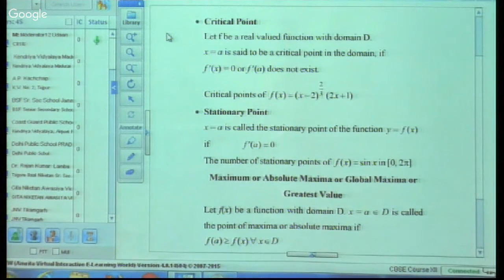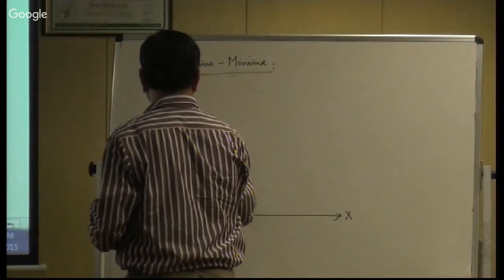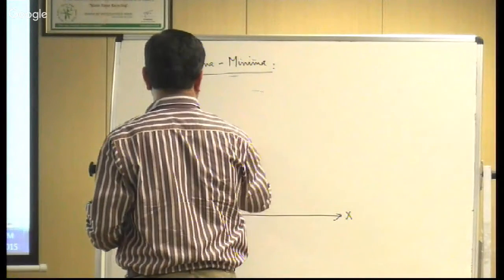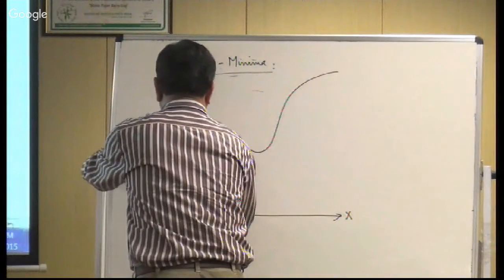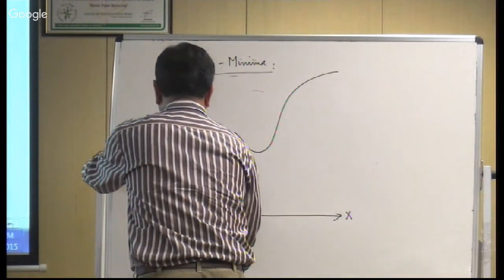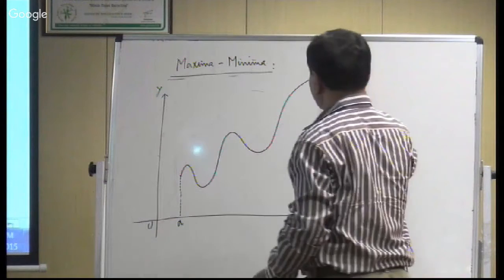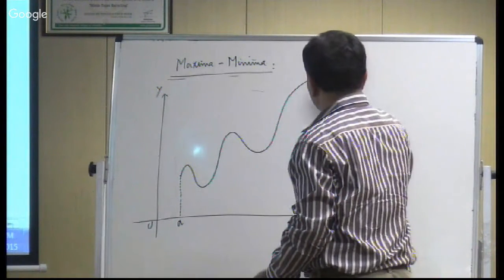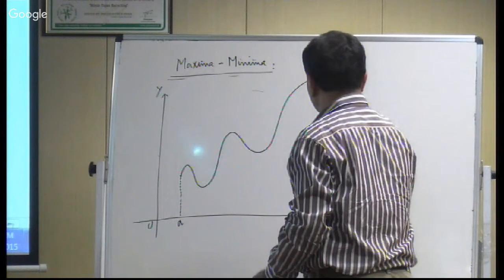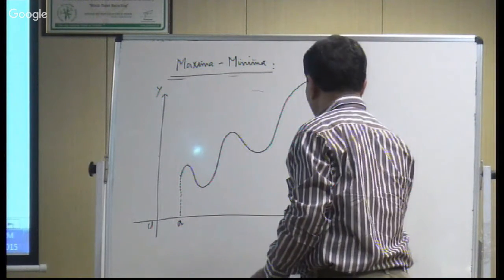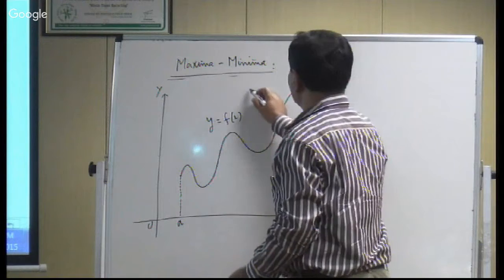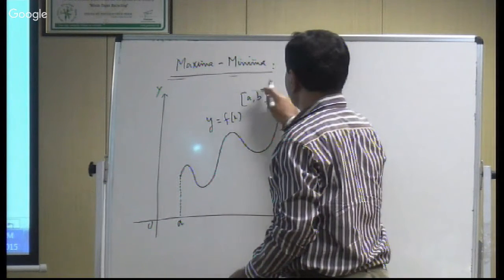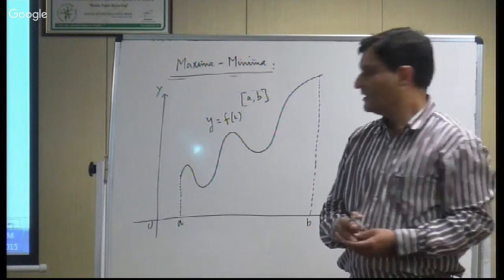Like for example, if we draw a graph like this, this is x is equal to a and this is x equal to b, y equal to f(x), and the interval we are interested in is the closed interval AB, from A to B, where A and B are included.